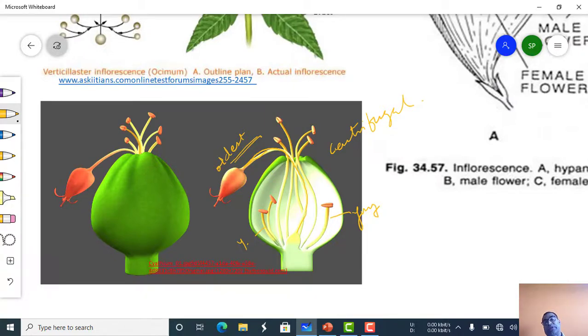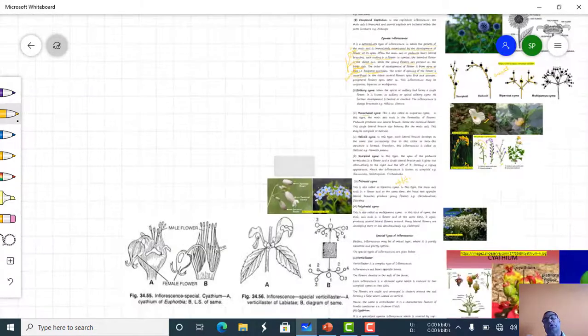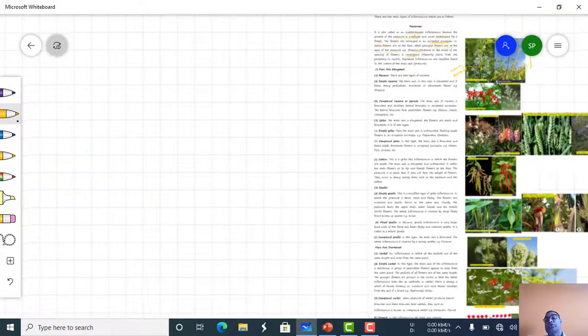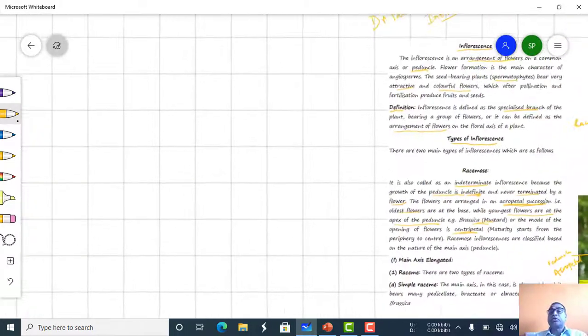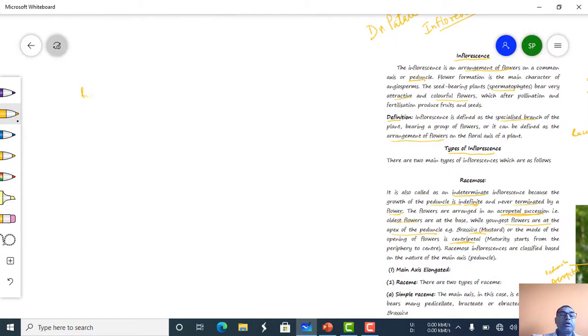So what is the difference between cymose and racemose inflorescence? Just see, this one is the racemose and this one is the cymose type of inflorescence. Racemose inflorescences are indefinite as the growth of the peduncle continues, while cymose inflorescence is a definite type of inflorescence.